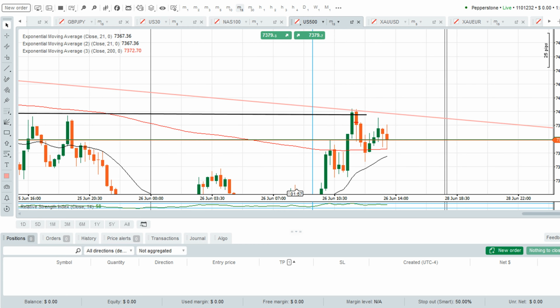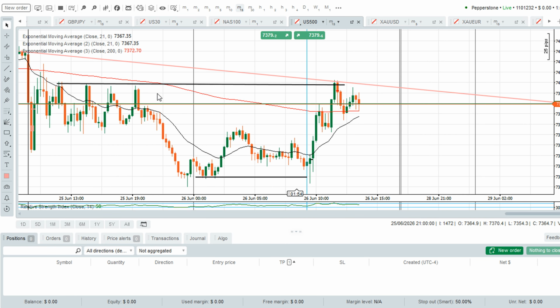Here we have these relatively equal lows and these relatively equal highs. So these are my liquidity zones. Then I'll jump into the 5 minutes time frame.